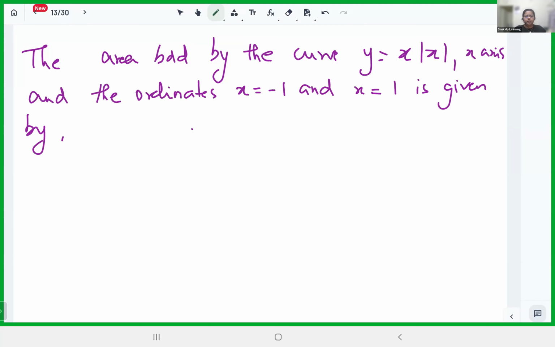So it is bounded by the curve y equal to x into mod x, then x-axis, then the ordinates x equal to minus 1 and x equal to 1.